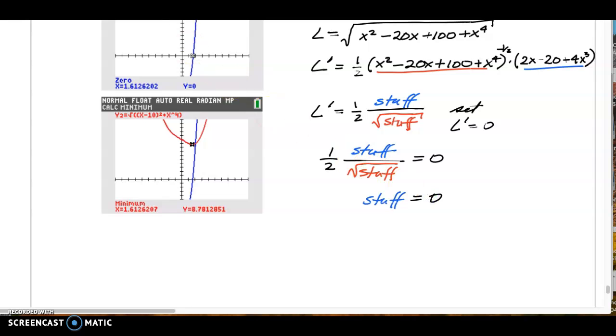So what is that stuff? Okay, well, stuff then is really just 2x minus 20 plus 4x cubed?